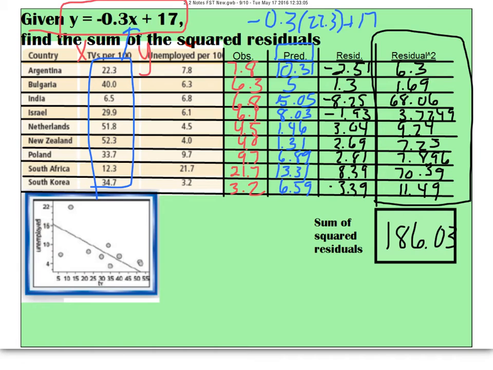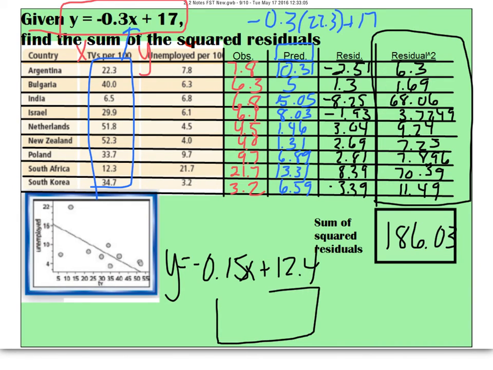What we really would want to do is compare it to another model to see which is better. And I will tell you, if we had the equation as this instead, if it was y equals negative 0.15x plus 12.4, and I computed the sum of the squared residuals, the only thing that would change is the prediction for all of them, which would make the residuals and the squared residuals a little bit different.